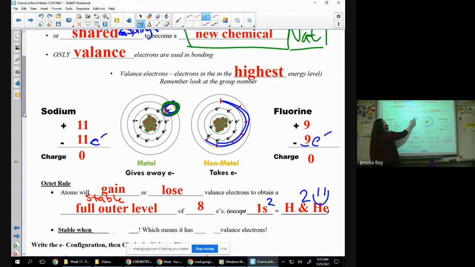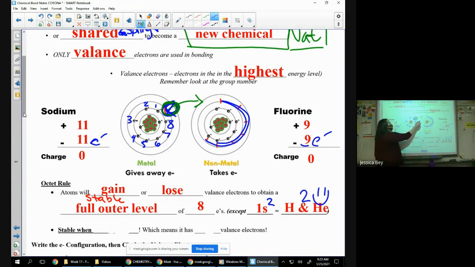If we take this electron and get rid of it, now that energy level is gone. Underneath it, if this electron wasn't here, we have 1, 2, 3, 4, 5, 6, 7, and 8 in his outer shell. So is he happy now? Absolutely. So he's going to do that.